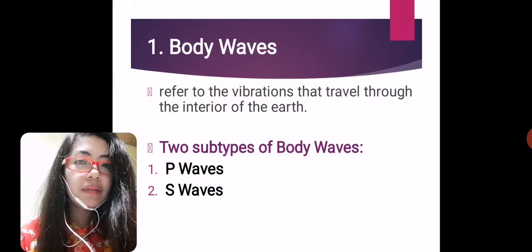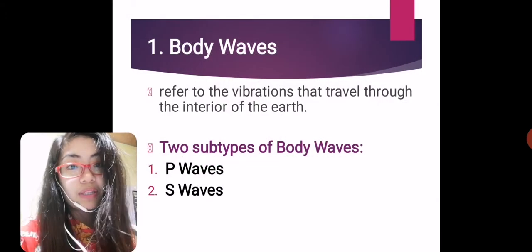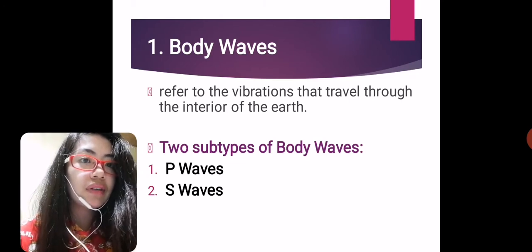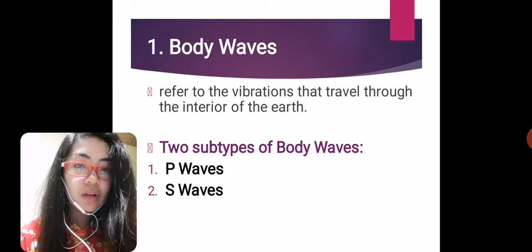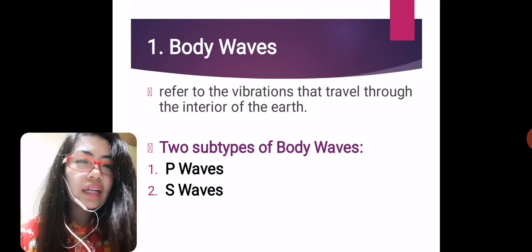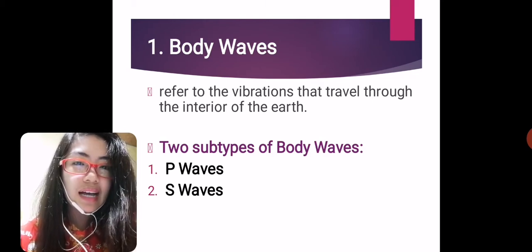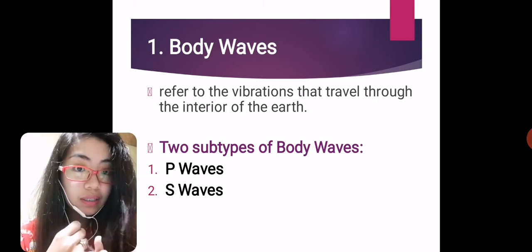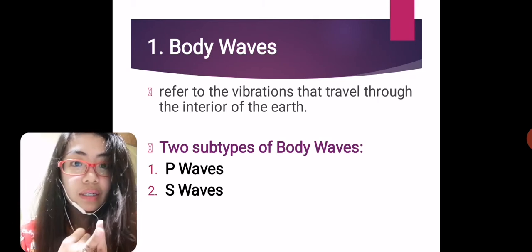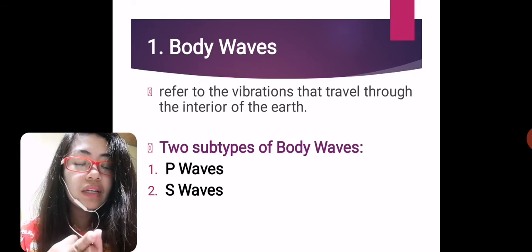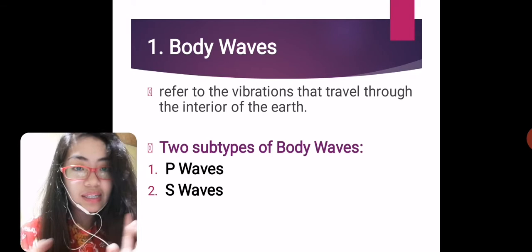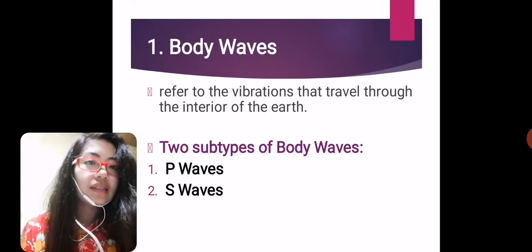So, start muna tayo with the body waves. Pag body waves, refer to vibration that travel through the interior of the earth. Or, this pertains doon sa layers of the earth, which is the inner core, the outer core, then we have here the mantle, then crust. Yung crust, itong tinatapakan natin, that is the crust.